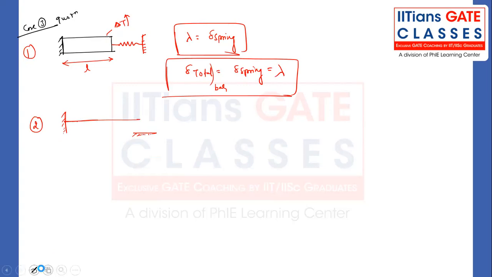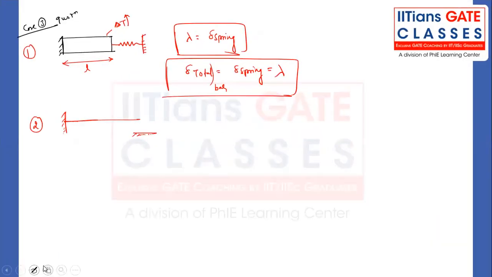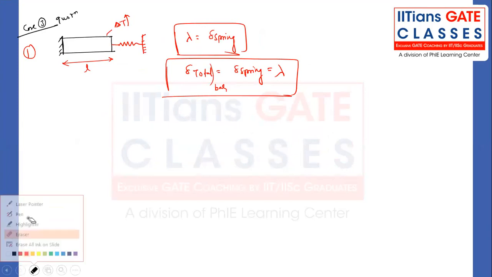Okay, we will see that case through a question. I just want you to have the feeling that case number 3 is a partially restricted case. If I place the spring, that will be a very similar case, just like case number 3, right?